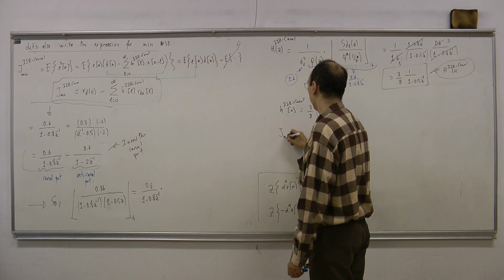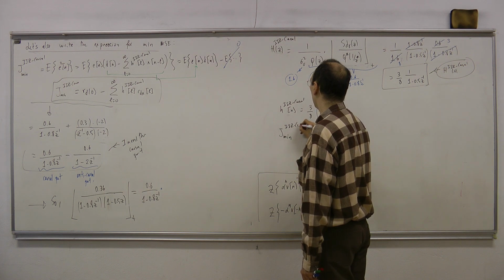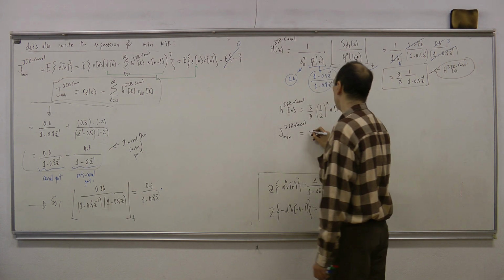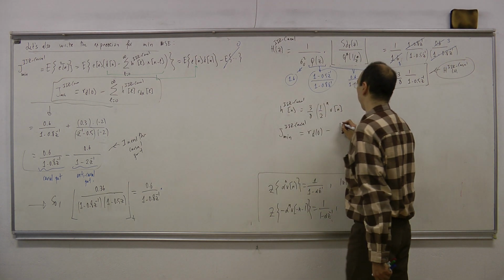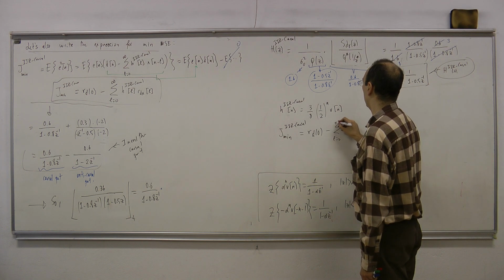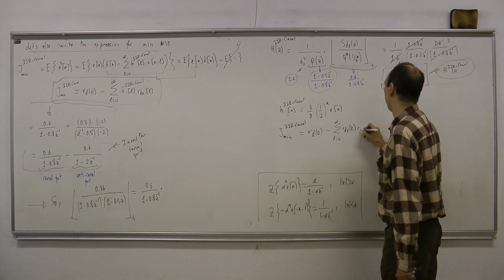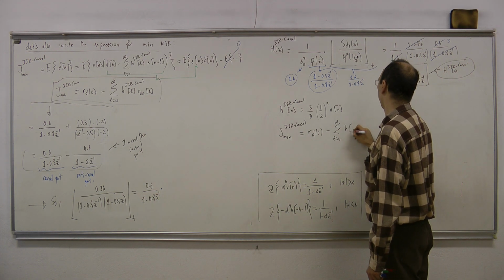So let me calculate this error. Then J min IIR causal. Let me use this R_dd of 0, and let me write that.